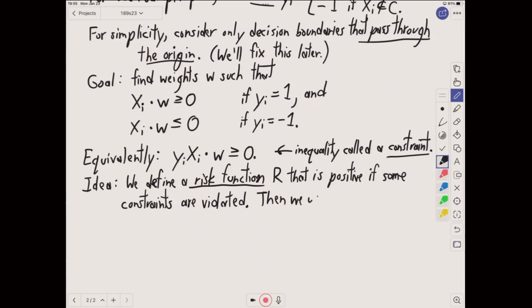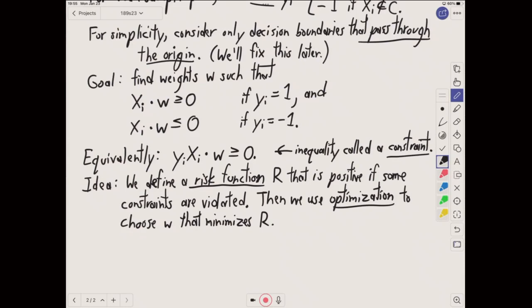Then we use optimization to choose a w that minimizes r. And that is how we train a perceptron classifier.